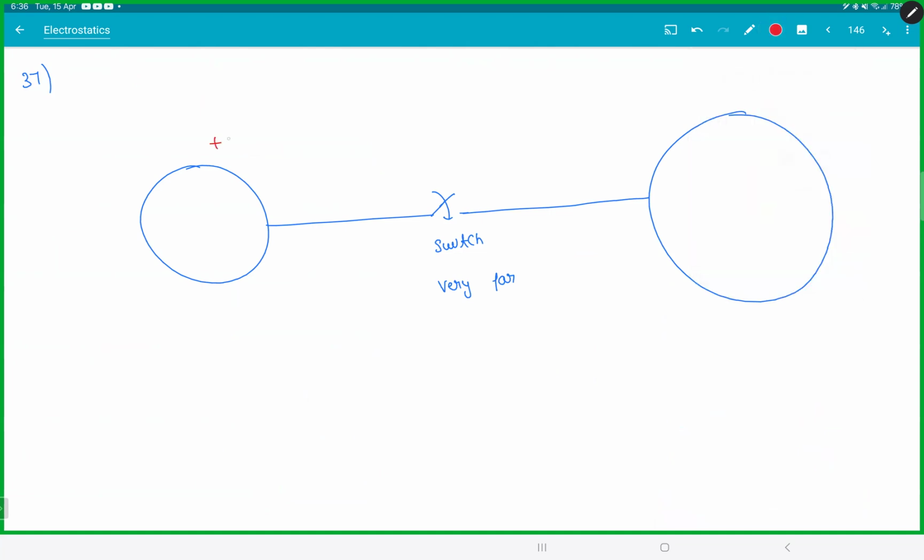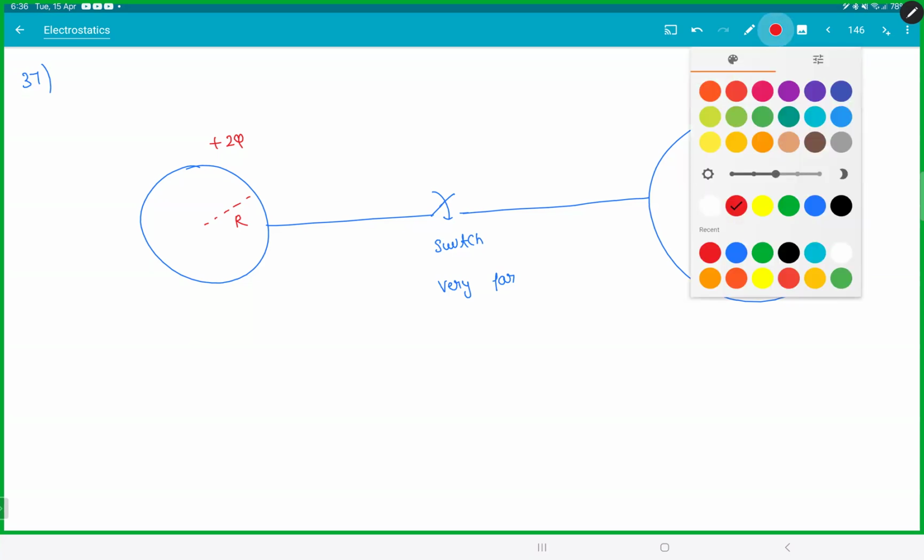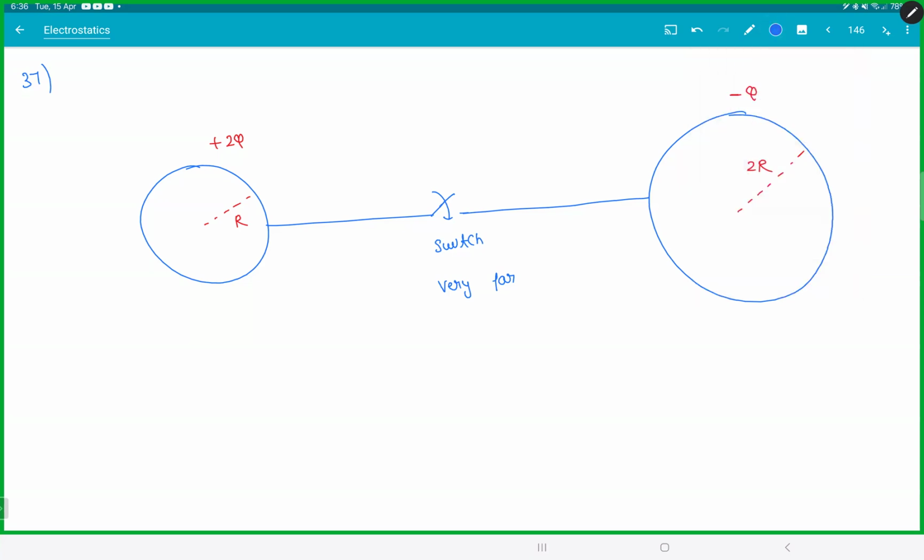This thing has a charge, let's say 2q. Radius is r. Let's say this thing has a charge minus q and radius 2r. Now, if I close the switch, charges will transfer between them, and heat also will be produced. So find the final charges and the heat produced when switch is closed. Remember, this is an example I gave in conduction. If two conductors are connected, charge will transfer till the potential becomes same.